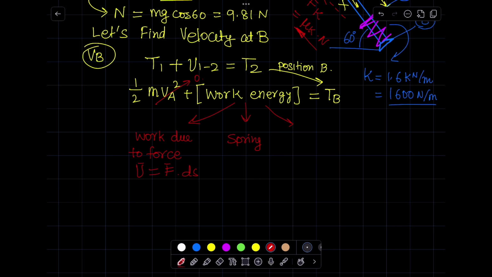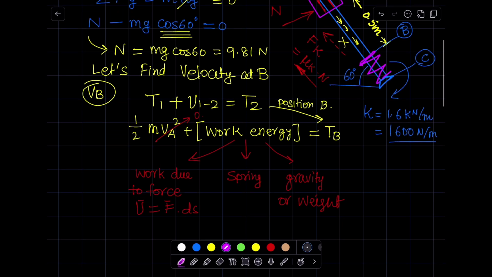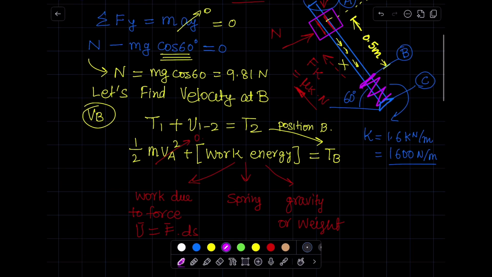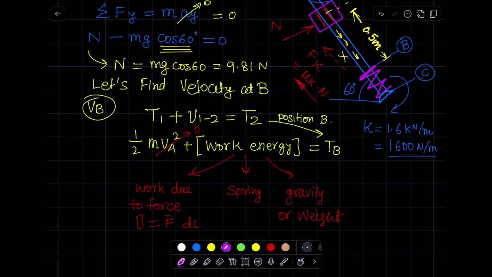We can say there will be work due to the friction force, there is a spring also, and there is gravity, or the weight. When the collar reaches point B, it will not yet engage the spring, so the spring will be cancelled out, and we have to consider two forces here: one due to gravity and one due to the friction force.